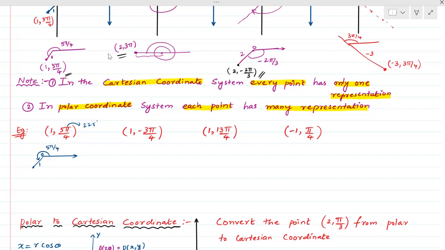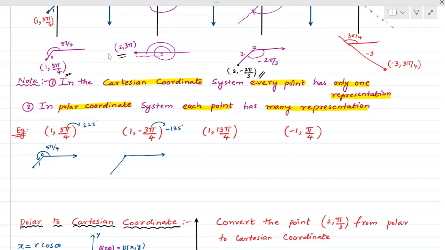Now let us take the next one. Here we have minus 135. So if you go through the minus 135, this is the initial line. This is the 0 here, and it is going in the negative direction. It will cross the fourth quadrant, and it will reach the third quadrant.